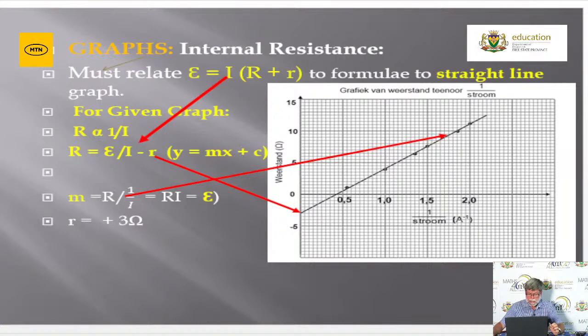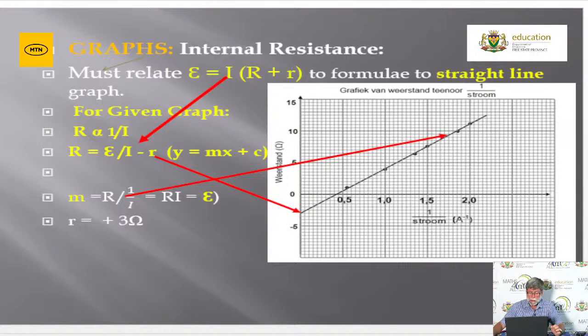And in this instance, I will just move on in the PowerPoint, you will realize that the gradient is R over 1 over I, and that is equal to Ri, and it is a voltage value, so the gradient indicates the EMF.